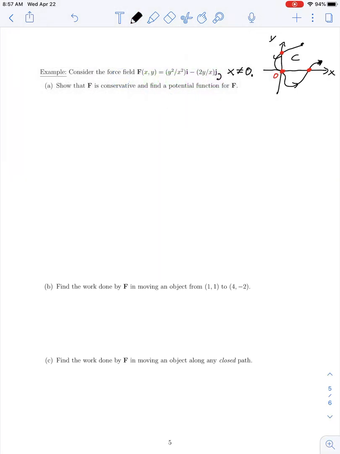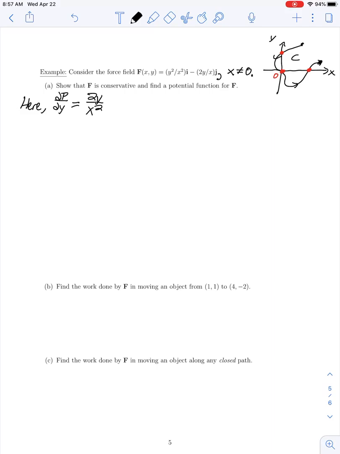So with that in mind, let's look at part A of this problem. We are asked in part A to show that this field is conservative and find a potential function for F. So for a 2-dimensional vector field, to show that it is conservative, we use the cross partials test. So here the partial derivative of P with respect to y is equal to 2y over x squared.